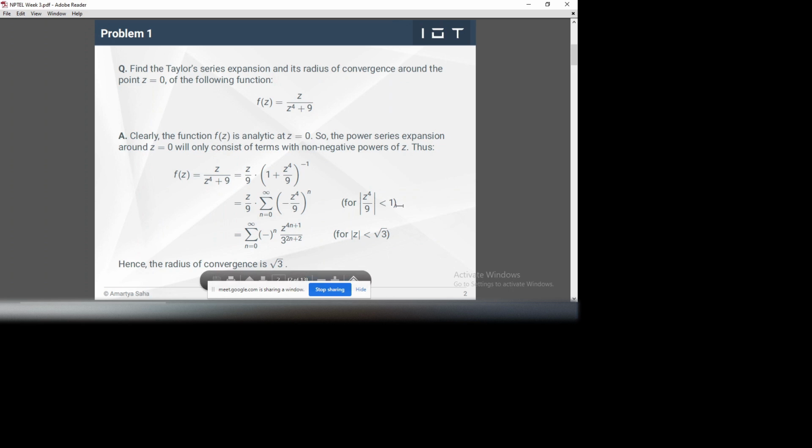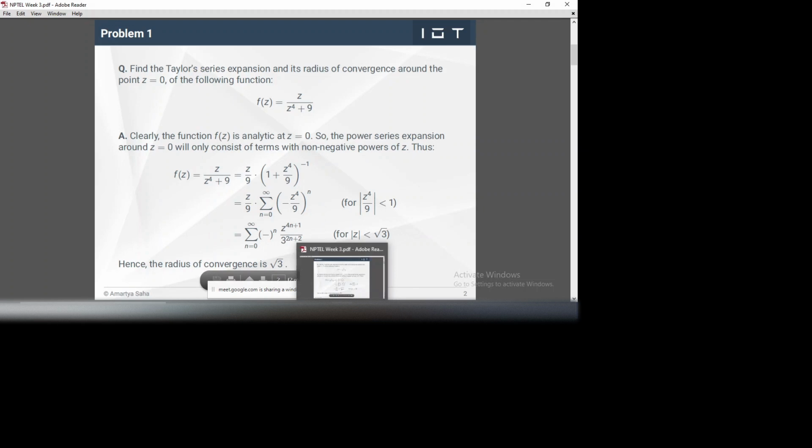And this criterion for convergence, |z^4/9| less than 1, translates into mod z less than root 3, the fourth root of 9. So we find that this is the series expansion around z equal to 0, and the radius of convergence is root 3, because this is valid for mod z less than root 3. So this is the answer.